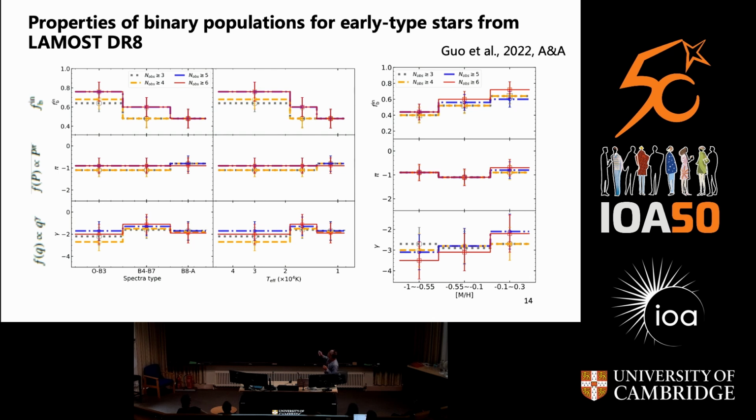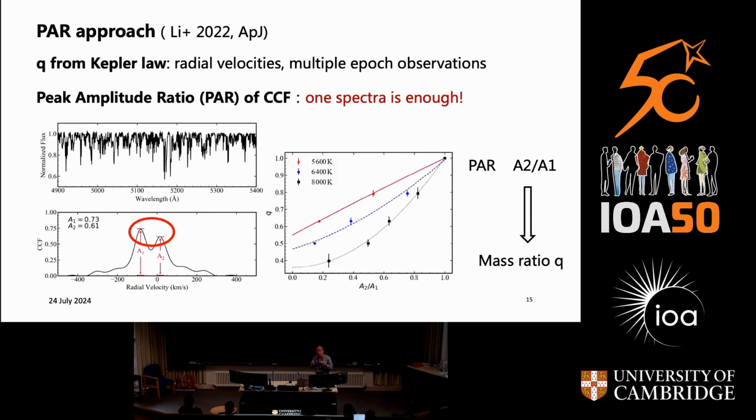We used the LAMOST data. We see a higher binary fraction for early type stars, and for more metal-rich populations, the binary fraction is higher.